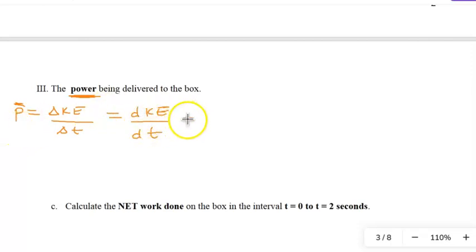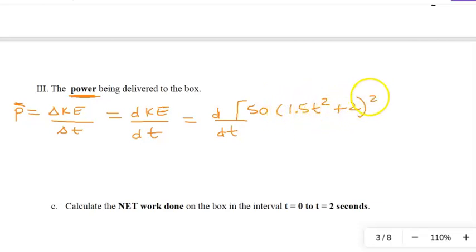Okay, so we're going to take the derivative with respect to time of 50 times (1.5 t squared plus 2) quantity squared. I might muck up the name of the chain rule.